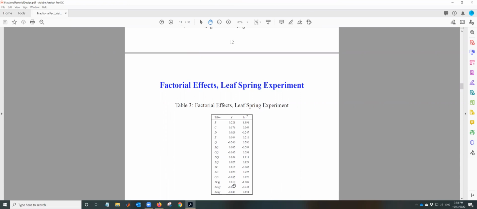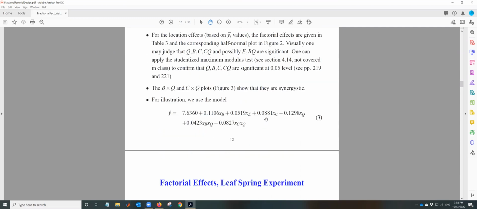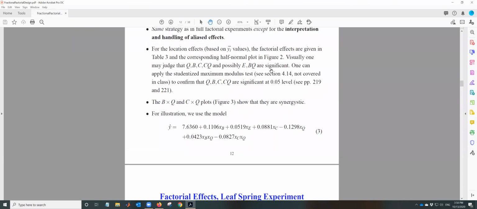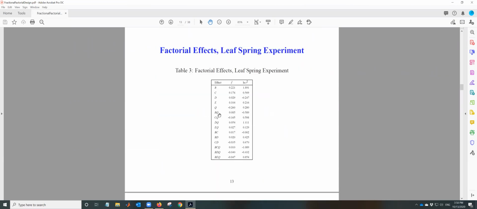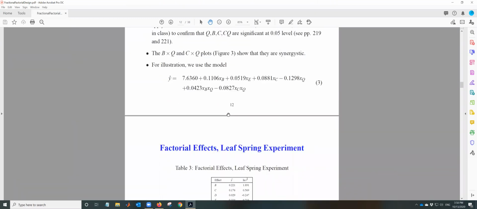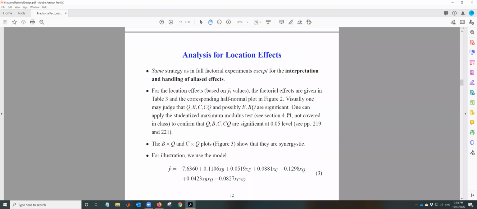Anything else? CQ is bigger, right? And if you want to consider, E is a little bit bigger too. E and BQ, possibly. BQ is 0.085. So those amplitudes are higher. That means visually, you may say that they are significant.